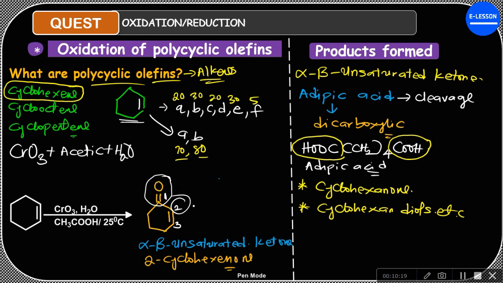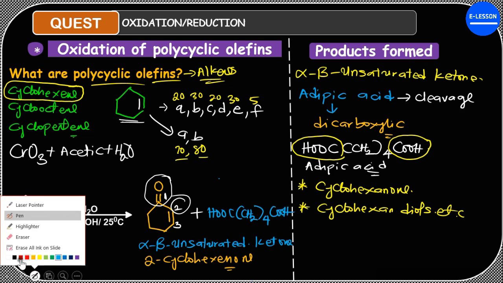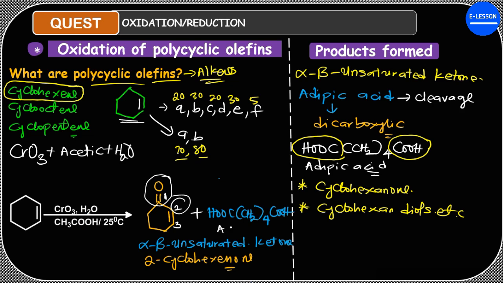Now this will also give plus adipic acid. I told you that adipic acid is something like this: HOOC-(CH2)4-COOH. Now this is adipic acid.